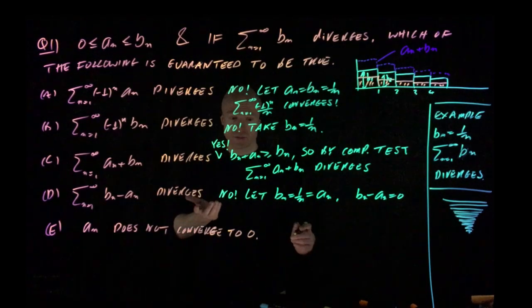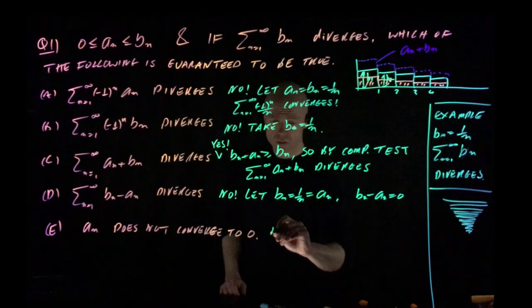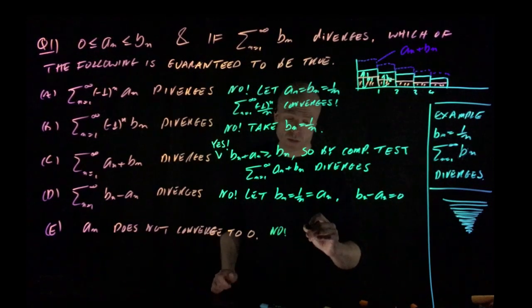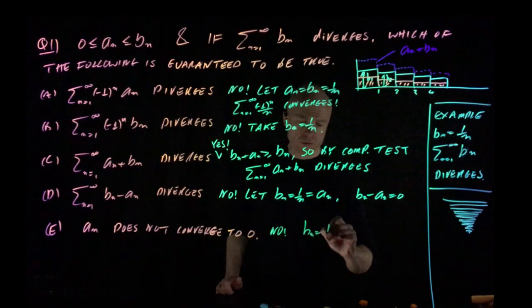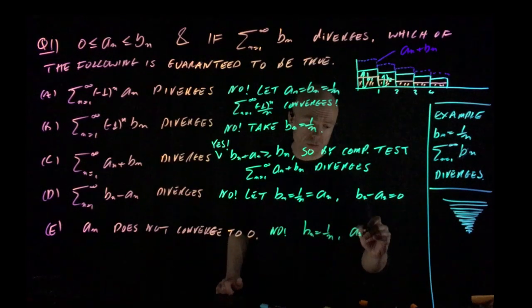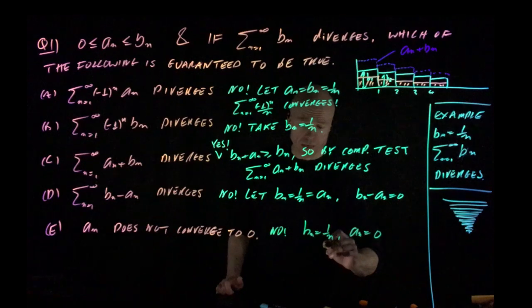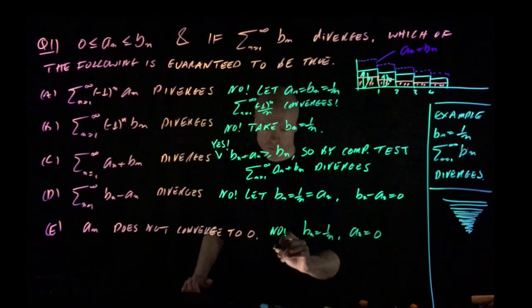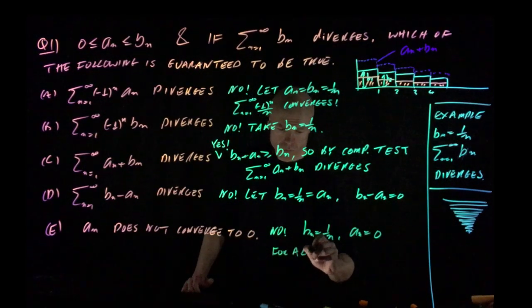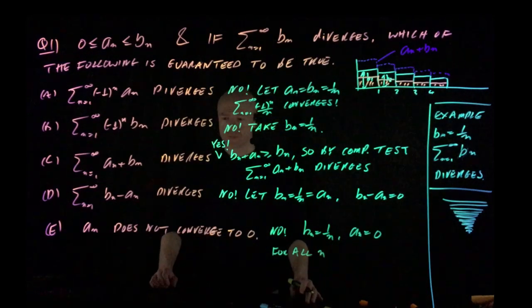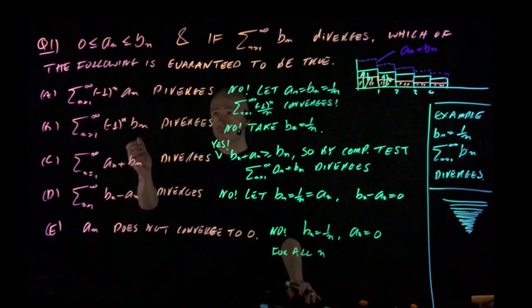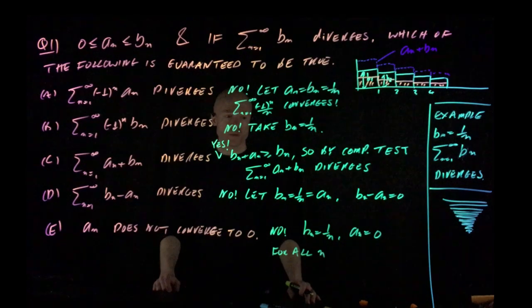So this is hopelessly false. So no, we could take Bn to be 1 over n, and then An just to be 0 for all n. Satisfies the hypothesis. An certainly does converge to 0. It's always equal to 0.